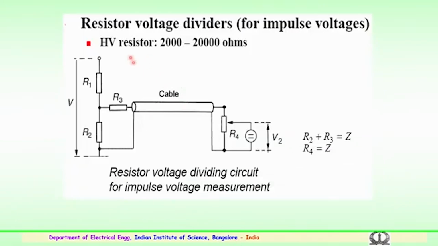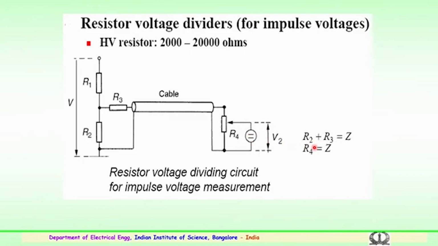Now the resistive voltage divider: how resistive voltage dividers, particularly for impulse voltages, are connected is shown here. For example, R1 is the higher voltage arm of the resistor, R2 being the low voltage arm. Depending upon the cable impedance, proper termination has to be employed by using suitable resistors R3 and R4, with the protection arrangement to measure the value.